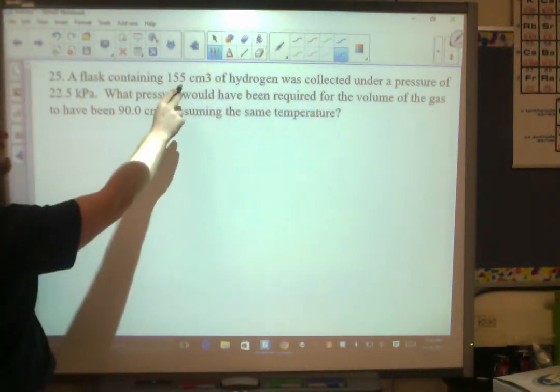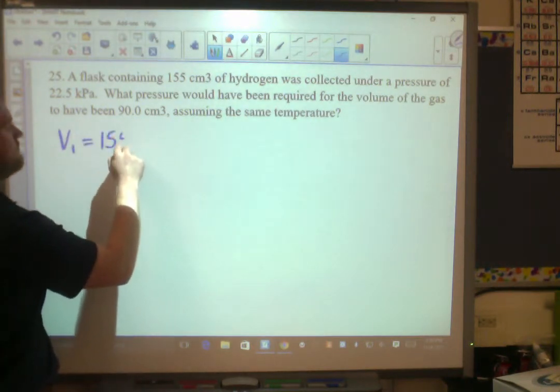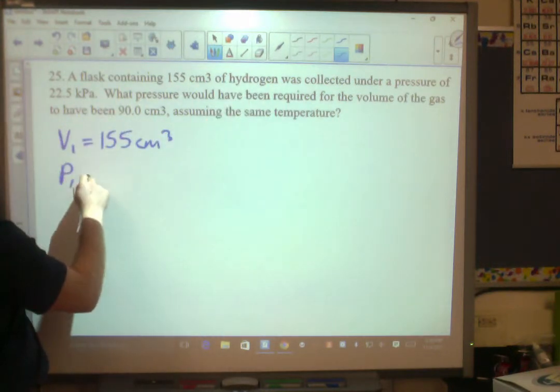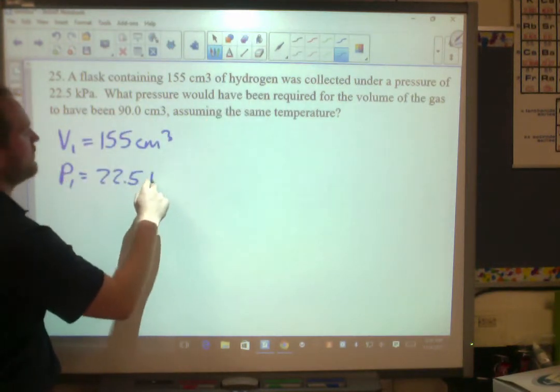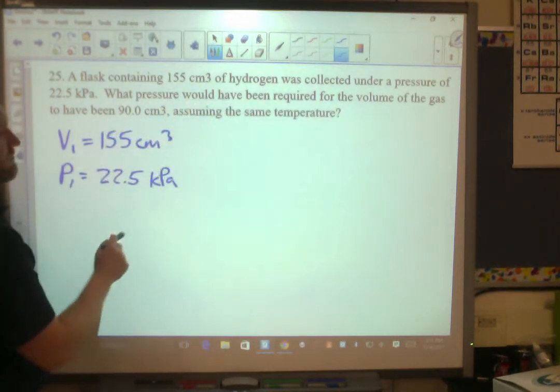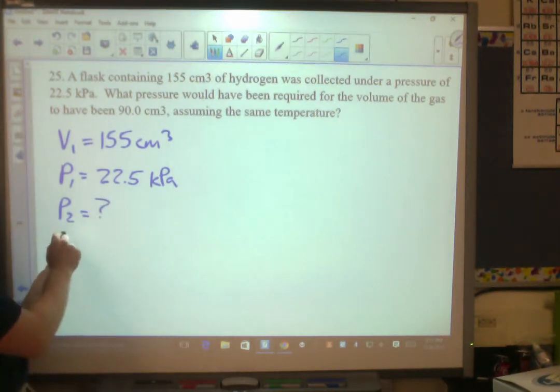So we have 155 centimeters cubed. That's going to be our initial volume, V1. Under a pressure of, so P1 is 22.5 kilopascals. What pressure would have been required, so P2 is going to be my question mark, or you can even say X, for the volume to have been 90.0.